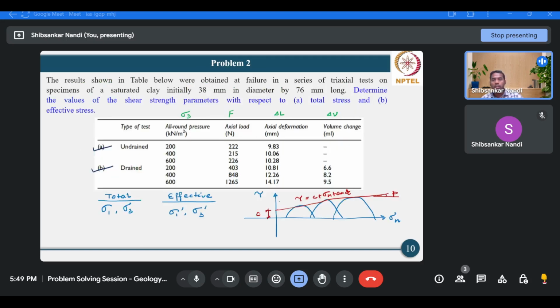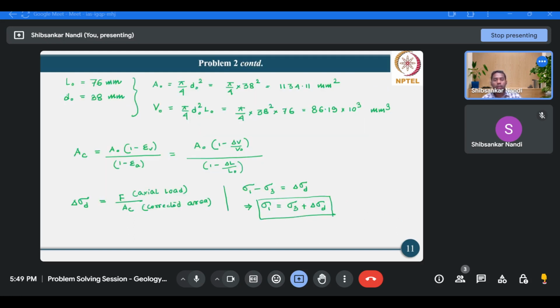Sigma 3 is nothing but the cell pressure, and sigma 1 you can get by adding the deviatoric stress to the cell pressure. These values are in terms of total stress. To get them in terms of effective stress, sigma 1 prime would be sigma 1 minus u, and sigma 3 prime would be sigma 3 minus u.